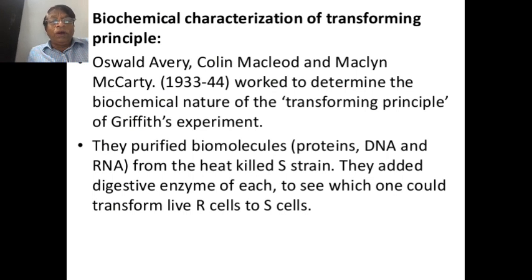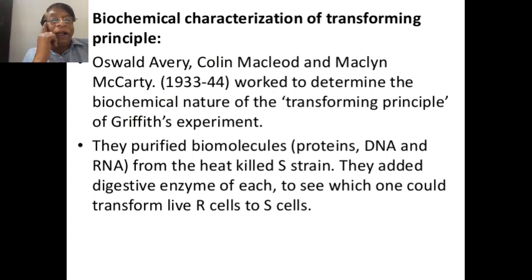They actually purified the biochemicals from heat-killed S strain bacterium. Biochemicals means the bacterial cell contains proteins, DNA, and RNA. These biochemicals are purified.